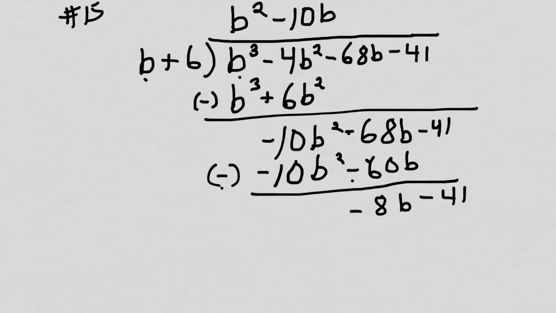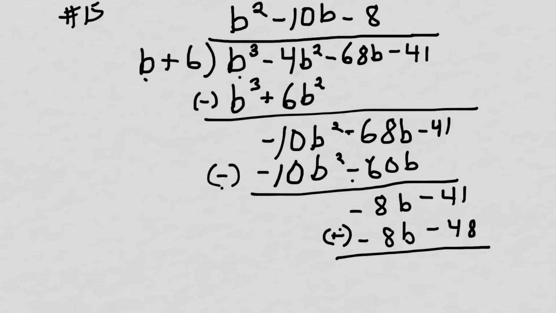All right, setting up our pivot. What do we have to multiply b by to get negative 8b? The answer is negative 8. Now let's multiply. Negative 8 times b is going to give us minus 8b. Negative 8 times 6 is going to give us negative 48. Right? We subtract.